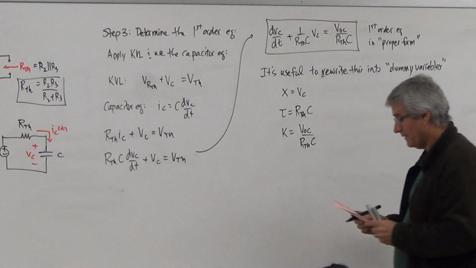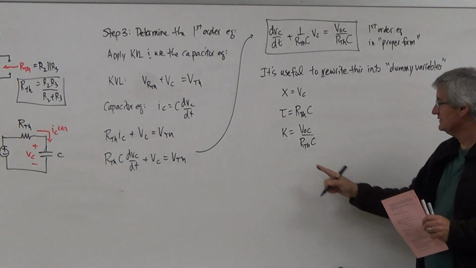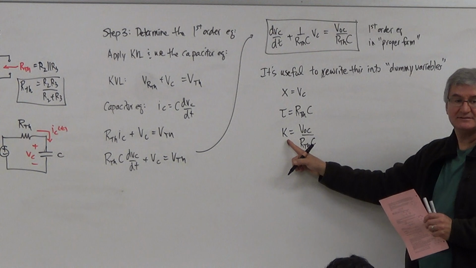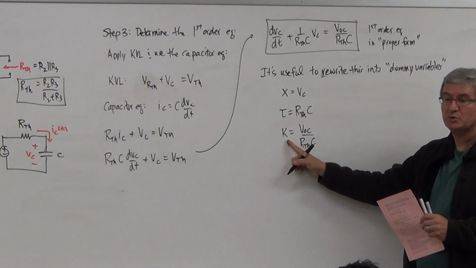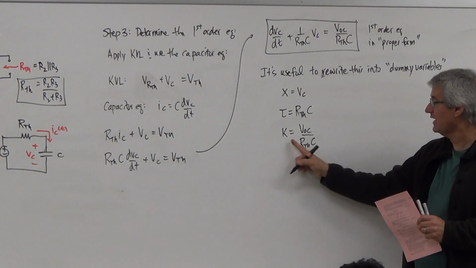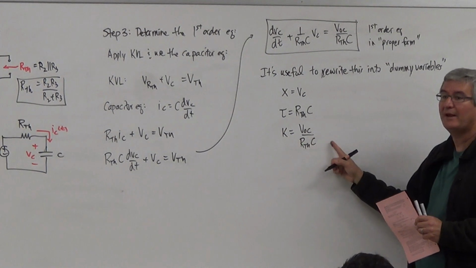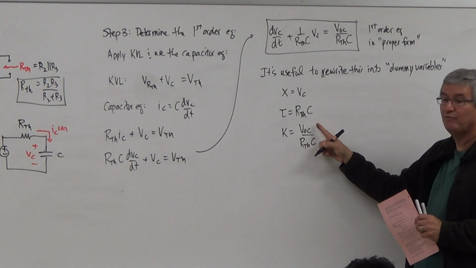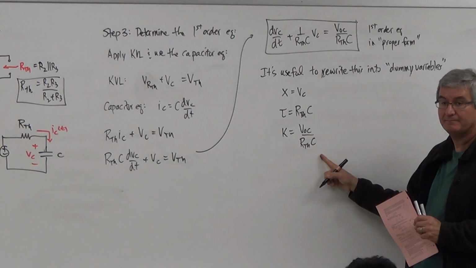What you're going to find here is that this is effectively our source. Well, K is not a source. It doesn't even have the right units, right? This would be voltage divided by time.